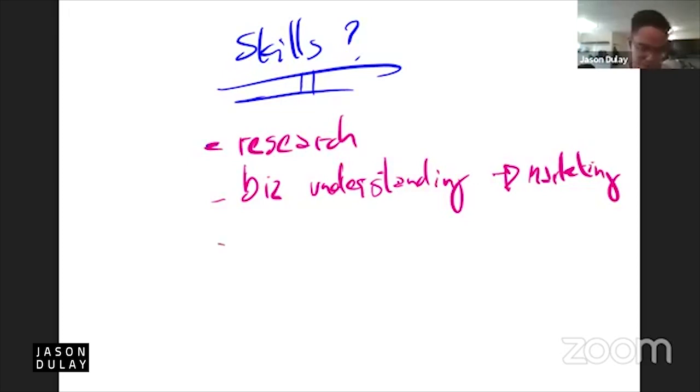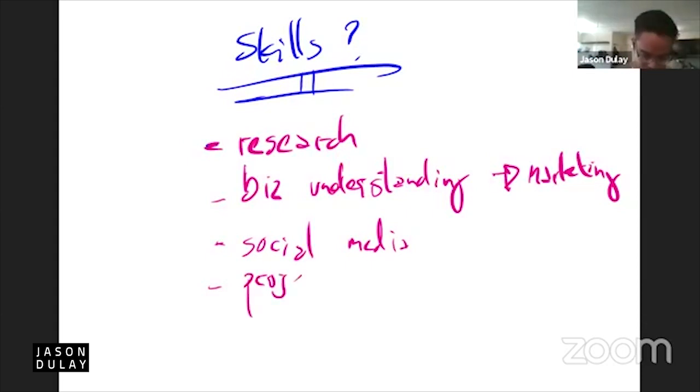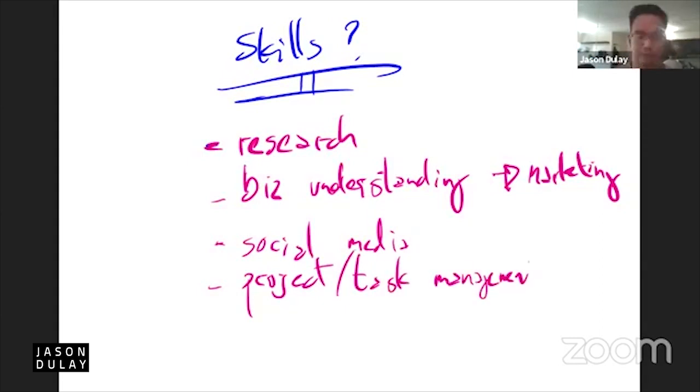You have to, of course, really know how to use social media. And very importantly, but not a lot of people think about this, is project or task management. Because when we're talking about social media strategy, we're not just talking about one task. We're talking about multiple tasks.